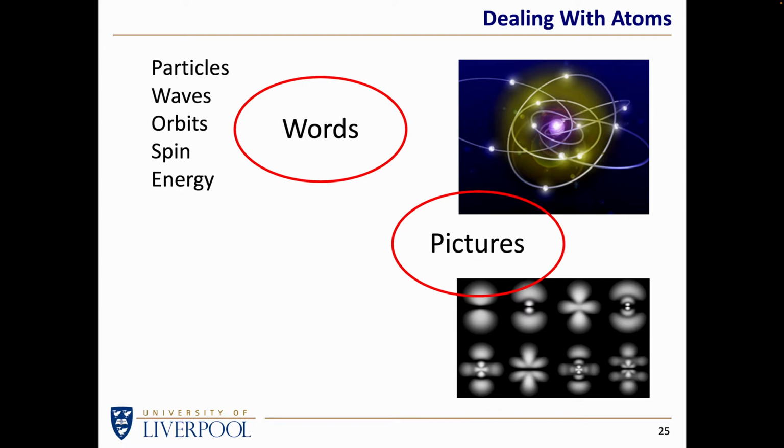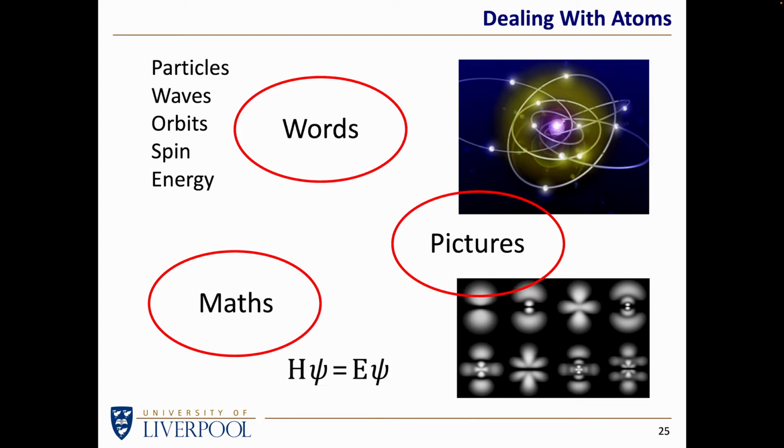So if words aren't ideal ways of talking about what atoms are, and pictures aren't ideal either, how should we describe atoms? Well, you could argue there's only one way to do it properly. And I'm afraid to say that is maths. That is the only way we know of that accurately describes the behaviour of atoms and molecules and everything else on the smallest of scales.